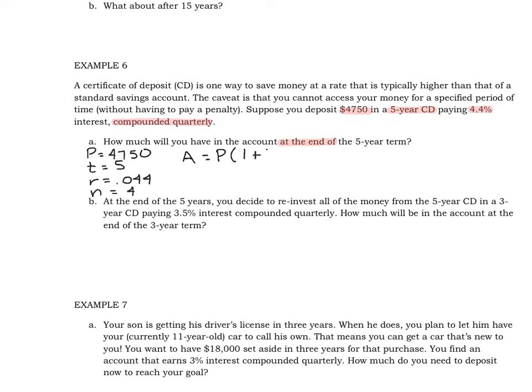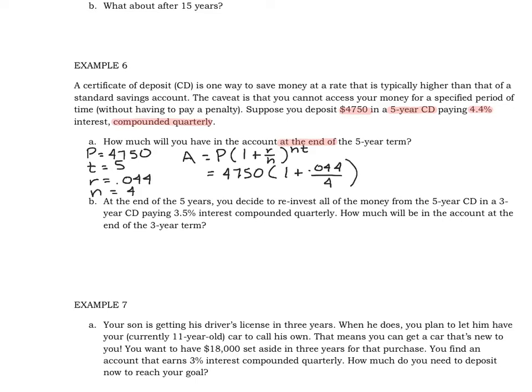So we need this particular formula for compound interest, the future value or ending value for a compound interest. So let's substitute our principal in for P, our R, and for the rate, it's quarterly, so 4.